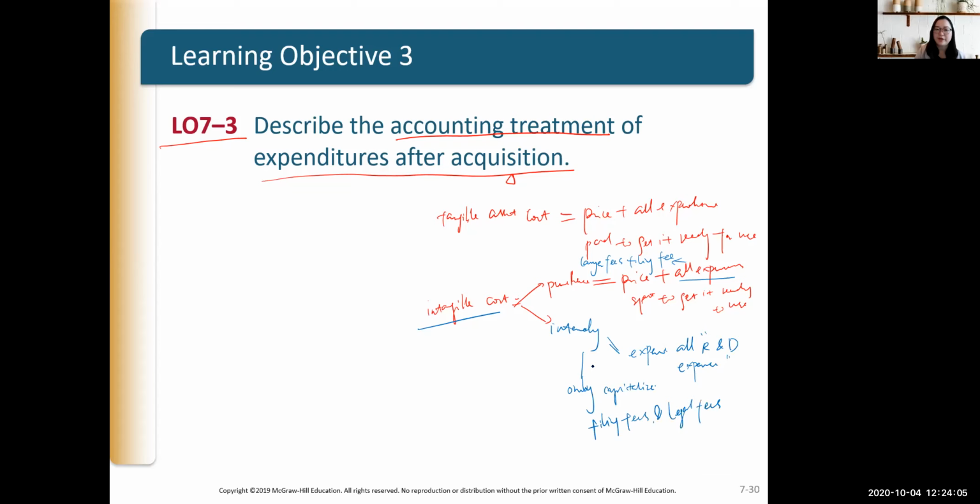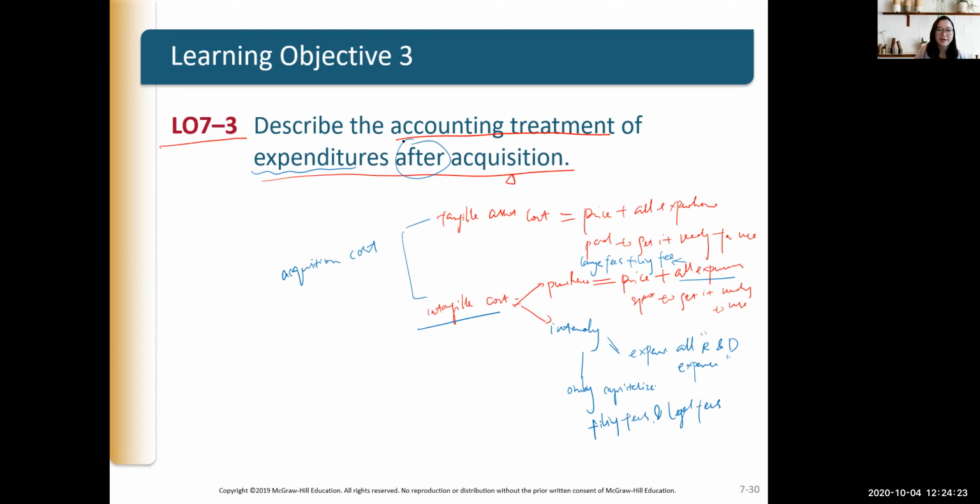So this is the big picture of what we learned about acquisition cost.